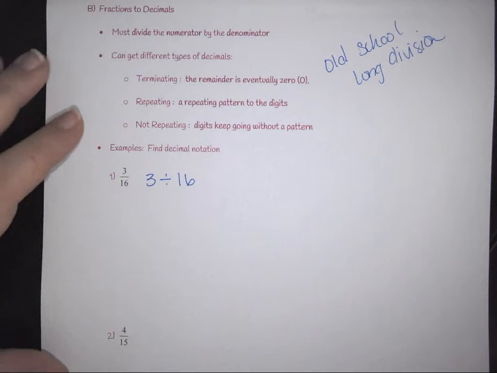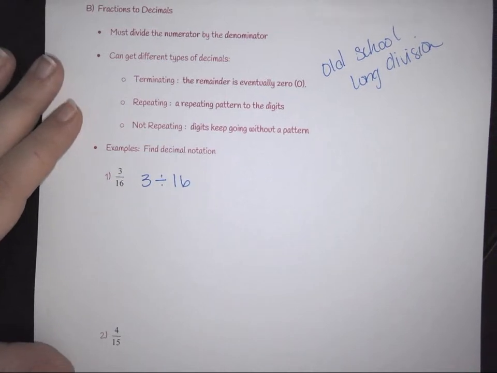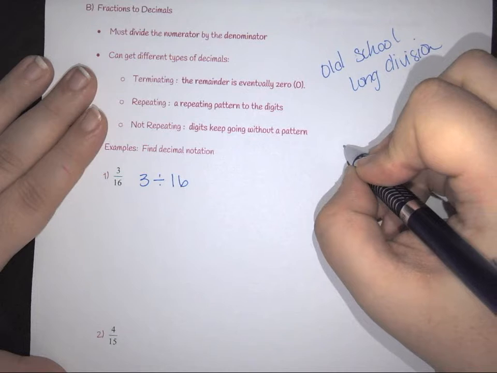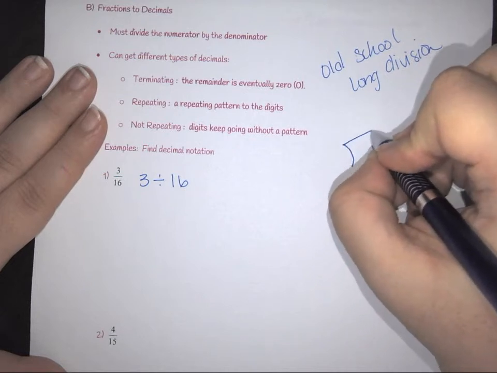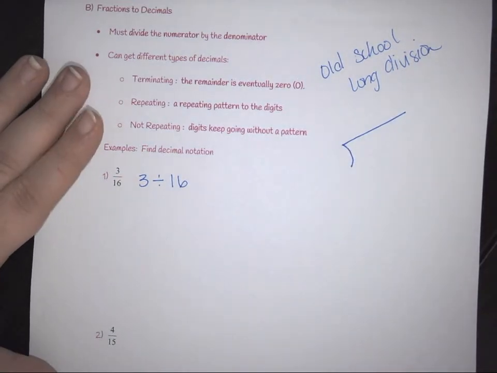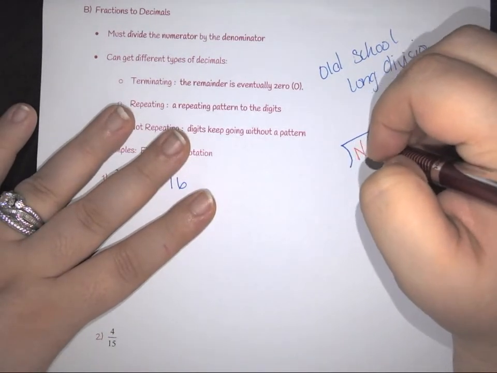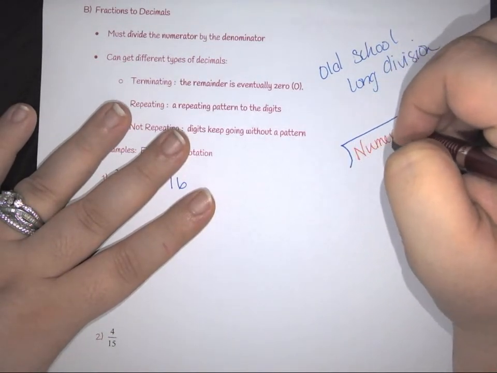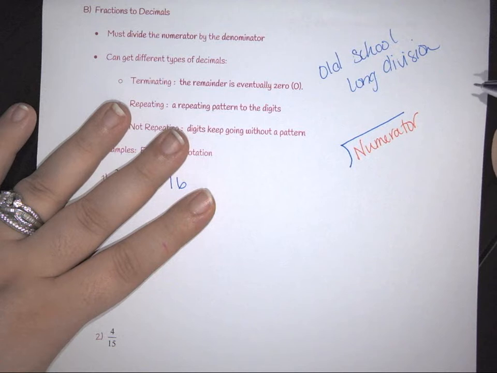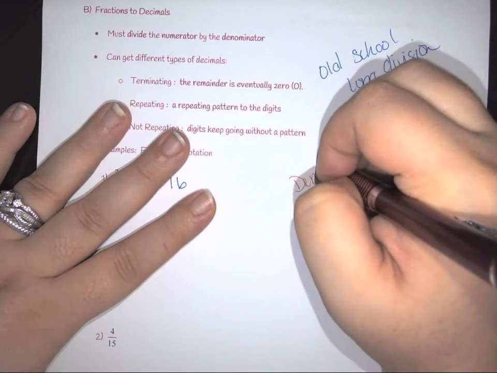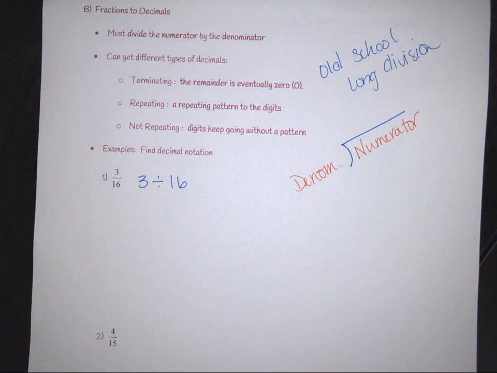And so what you have to remember about old school long division is that it's set up where we have the curvature. And when we're talking about putting things in, your numerator goes underneath, your denominator goes on the outside.